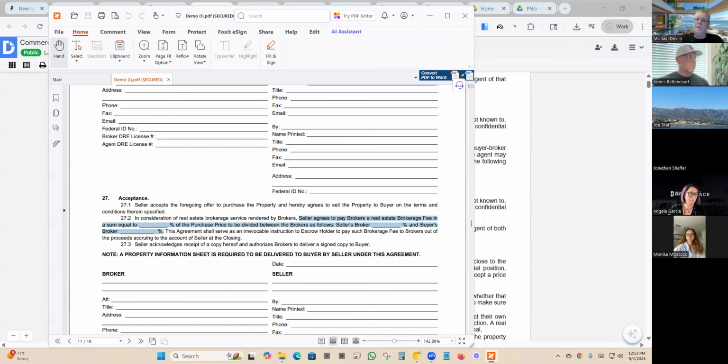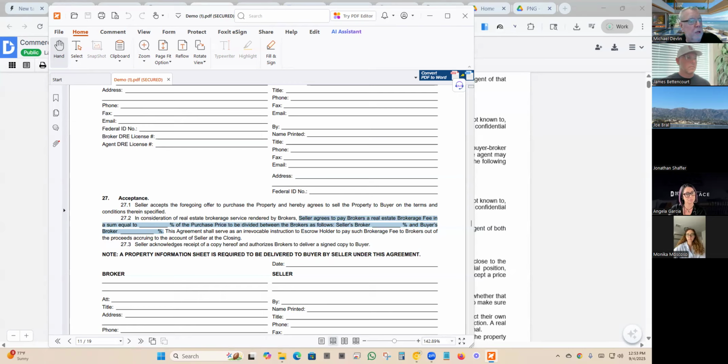There's a law that says you have to have a buyer representation agreement in California, which applies to commercial real estate, but all that other stuff from the NAR MLS settlement does not apply. So here we just say it, seller agrees to pay brokers. Notice they're doing it old school, right? Because remember, none of those lawsuits apply to commercial real estate. So they didn't see any reason to change.